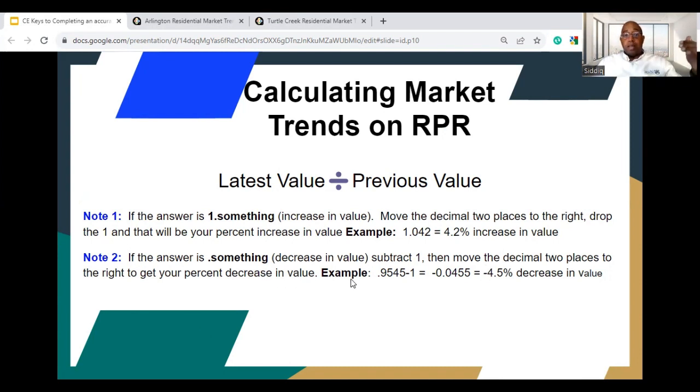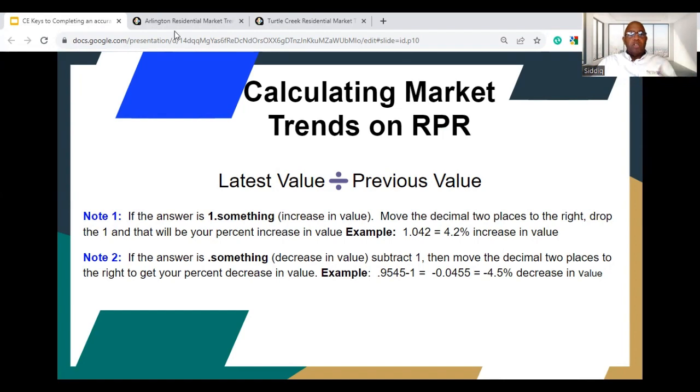Example, I put my latest value in, divided by previous value. I got 0.9545, subtract the 1, that gives me a negative 0.0455. Move the decimal 2 places to the right. That means in that particular time period, it was a negative 4.5% decrease in value.